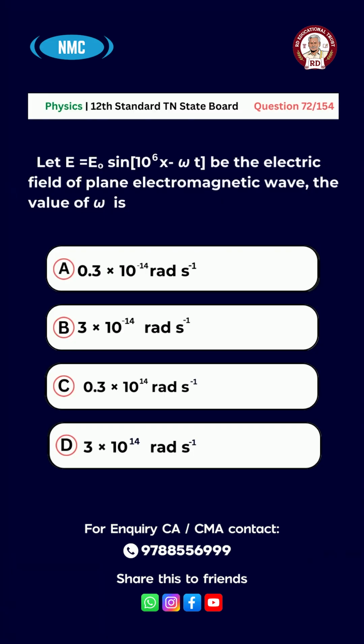The value of omega is option A, 0.3 into 10 power minus 14 rad s power minus 1, B, 3 into 10 power minus 14 rad s power minus 1, C, 0.3 into 10 power 14 rad s power minus 1, D, 3 into 10 power 14 rad s power minus 1. The right answer is option D, 3 into 10 power 14 rad s power minus 1.